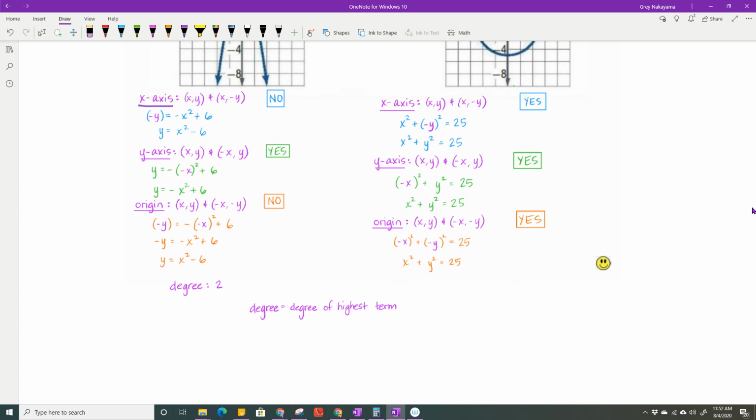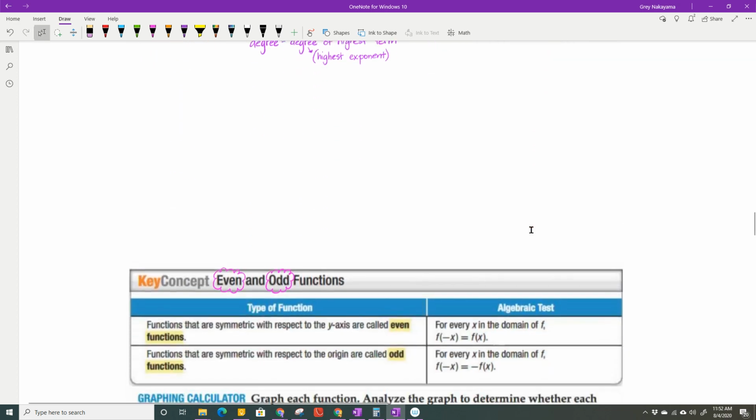The degree of a polynomial is the degree of its highest term, and the degree of any term is basically the highest exponent. So the degree of this equation here, y equals negative x squared plus 6, is 2. So what is the degree of this equation? Again, the degree is 2. So just keep that in mind when you're going through and doing your homework problems.